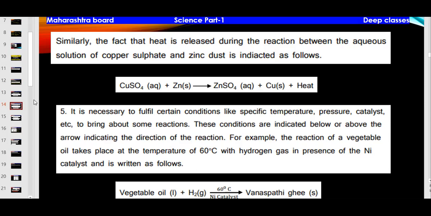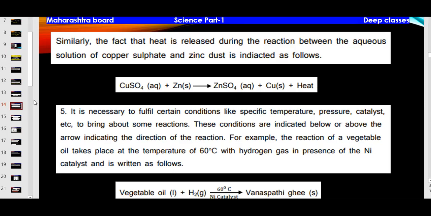We also have to adjust the pressure, how much pressure is required to do the reaction. Catalyst, something is to be added so that it can give a reaction. Like when you are cooking food, to get a flavor, you will add something like that. A catalyst is also added in the reaction to bring about the reactions we need.